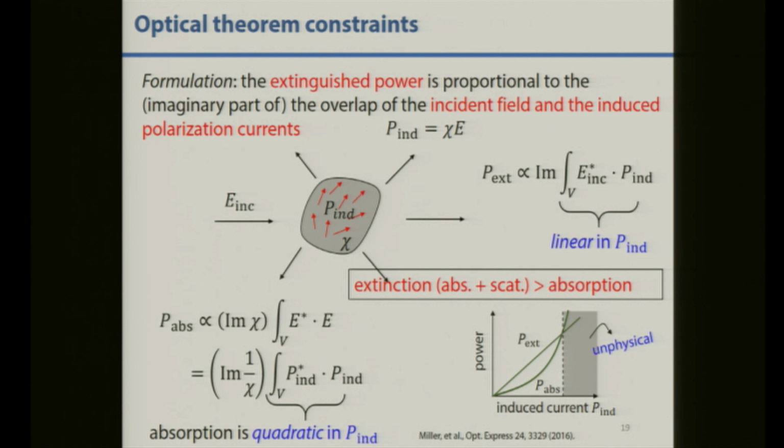With simple math, a quadratic term will be larger than the linear term as long as the induced polarization is large enough. Based on this contradiction, there is a maximum possible induced current in a given scattering problem. That's the foundation for deriving the upper limit for the spontaneous emission of free electrons.